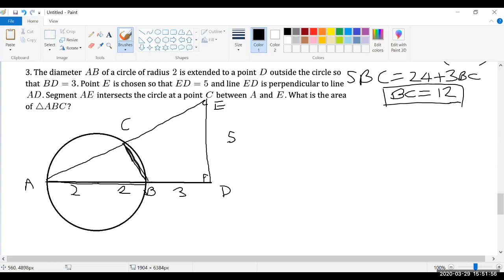So we're given these side lengths, and we have these triangles with this circle, but we can't really relate triangle ACB to triangle AED yet, to the big triangle, because although we do know that angle A is shared, we can't say for sure that angle ACB right here is a right angle the way that ADE is. All right, so at this point, let's go back to the slideshow.